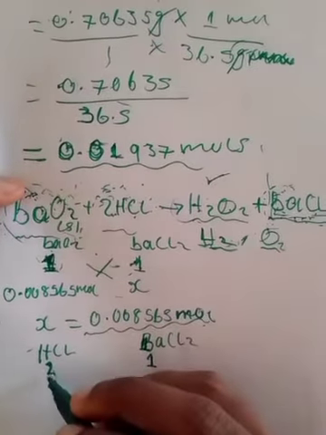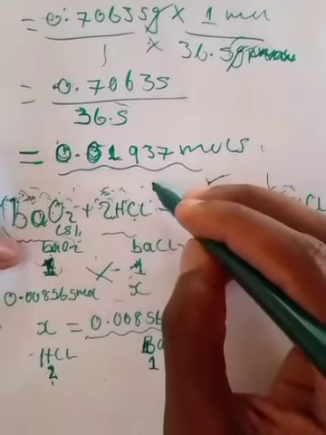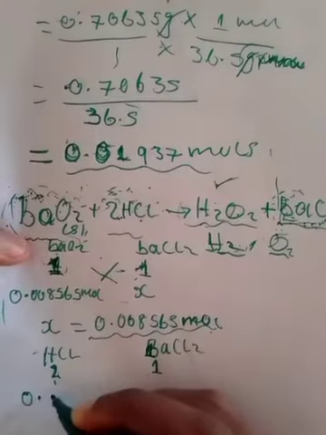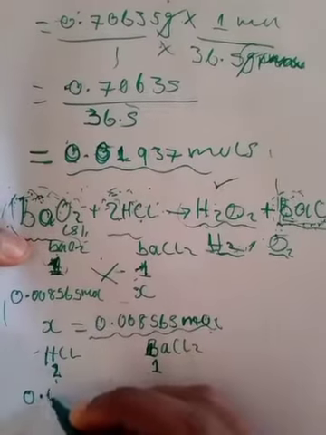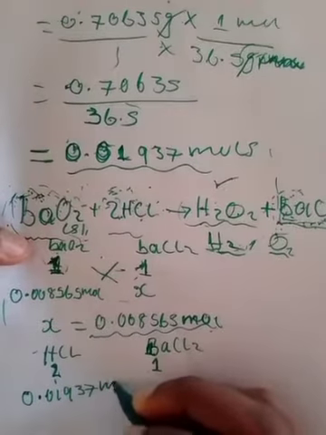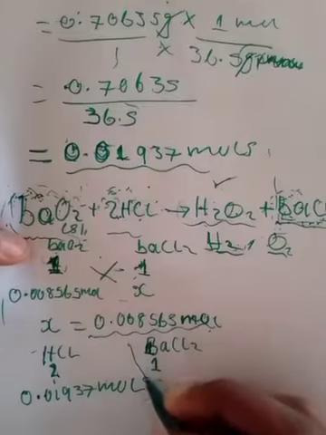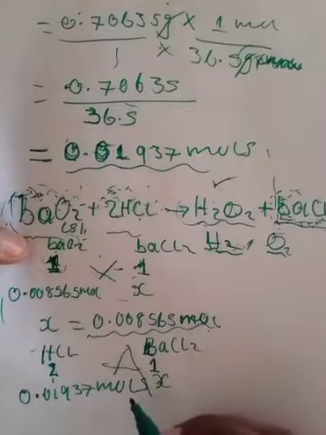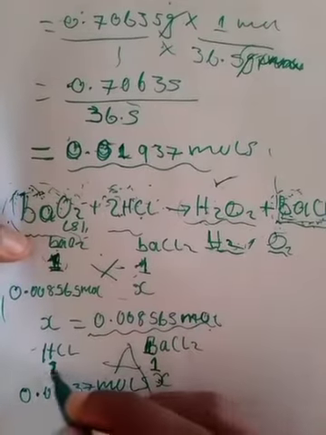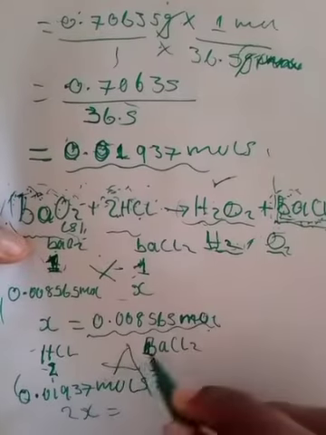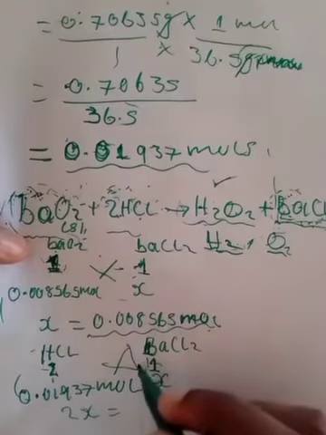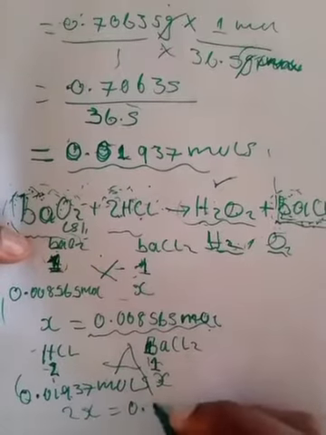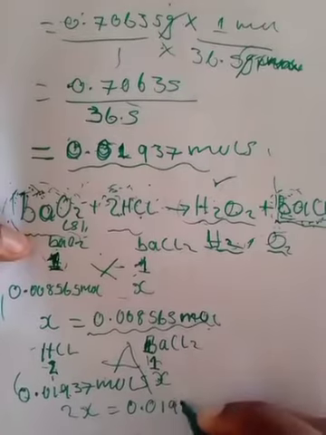The number of moles for hydrochloric acid, it is the one that we have just found here, and that one is 0.01937 moles. Okay, and for this one here, you don't know it, right? When you cross multiply x times 2, it is going to give you 2x, and then this number here times 1 here, you're cross multiplying the same thing that I did here. It is going to give you the number itself, right? So it's going to come back. You're going to have 0.01937 moles.